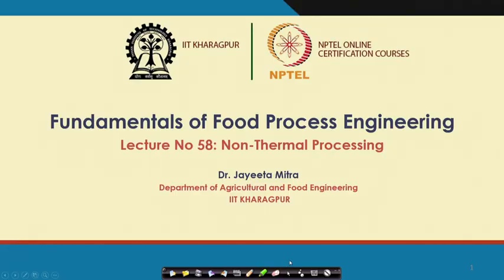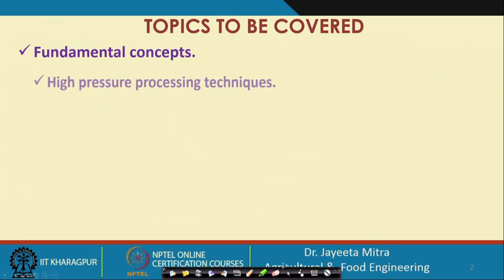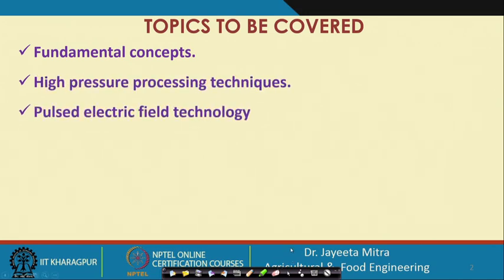So, all this we have discussed, and today we will see some more non-thermal techniques by which the inactivation of microorganism can be done. We have discussed high pressure processing and pulse electric field technology.